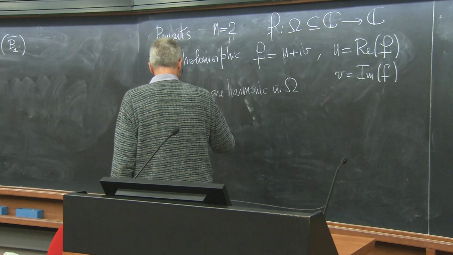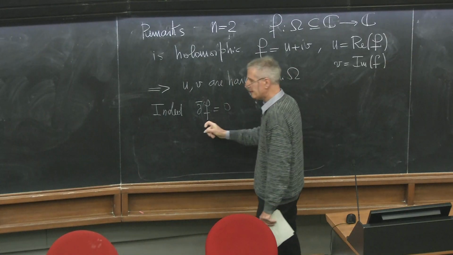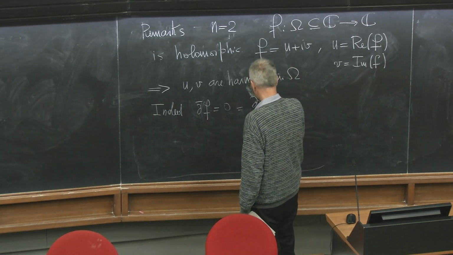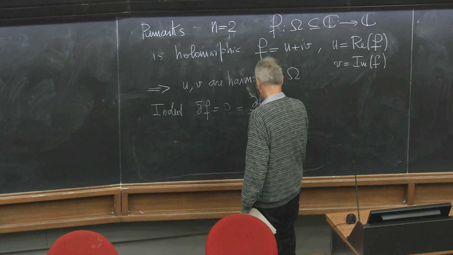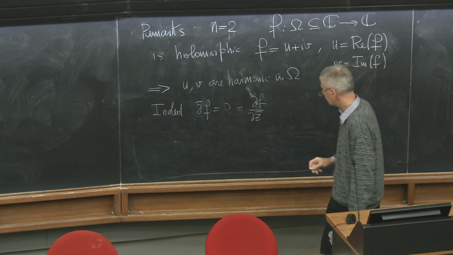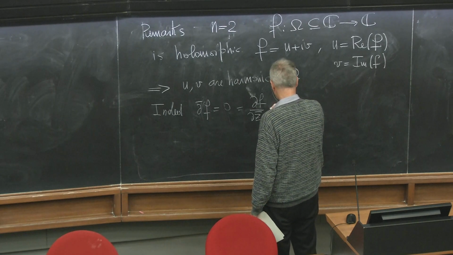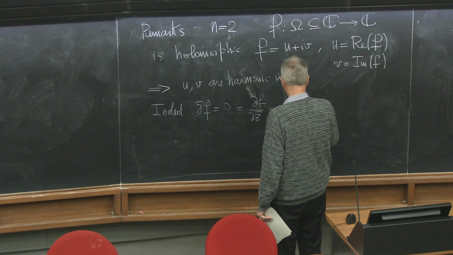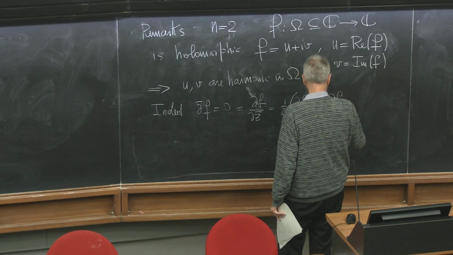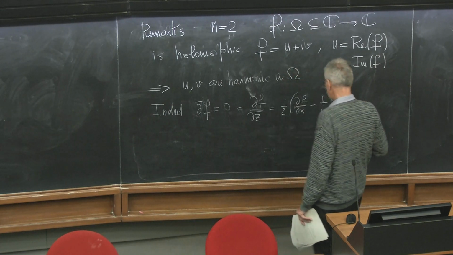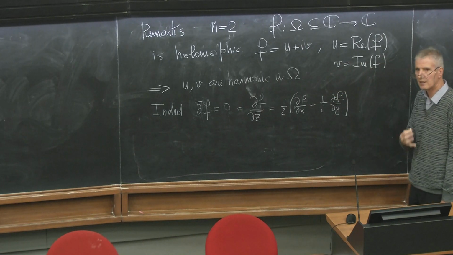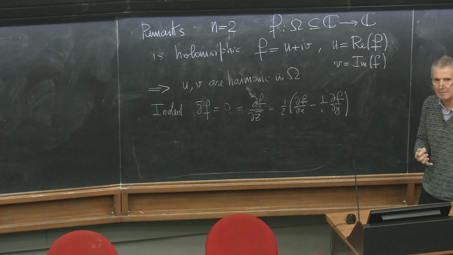The nullity of the bar operator in omega is equal to df over dx minus 1 over i df over dy. So the nullity of this operator gives the Cauchy-Riemann system.